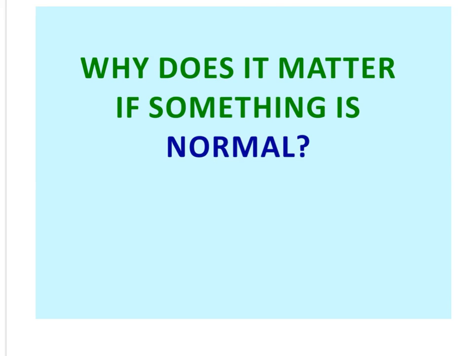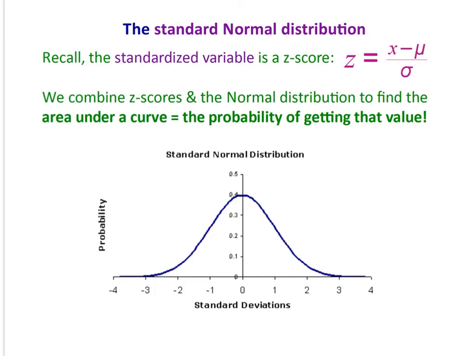So why does it even matter if something is normal? When is this going to be useful and practical in our class? So if we think back to what we've been doing, we've been talking about the standardized variable, or the z-score. So notice this z-score has that new notation of mu and sigma, because with the normal curve, we use mu and sigma for the mean and standard deviation.